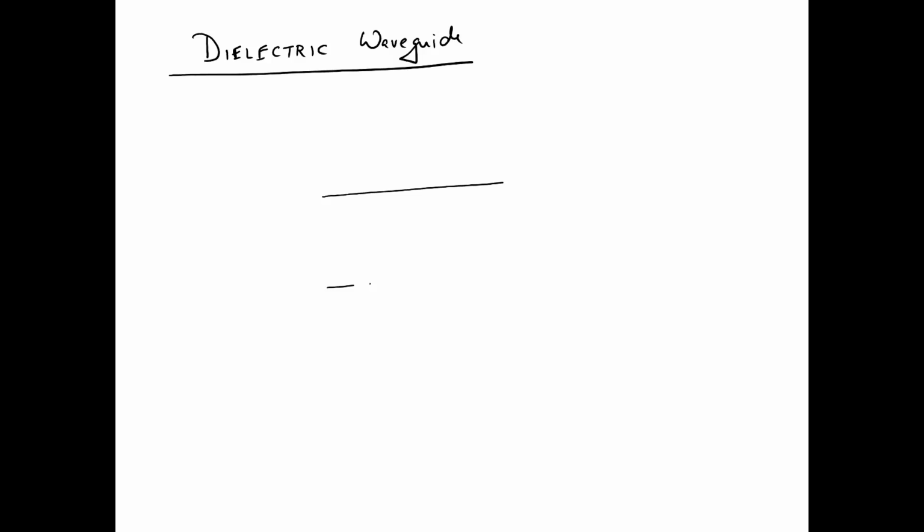So we have another waveguide which is called a dielectric waveguide. And this is something again, if you're doing the photonics course, you will definitely have to do it there, because this becomes the building block for any photonic devices. A dielectric waveguide in its simplest form consists of a material of epsilon 1 surrounded by epsilon 2.